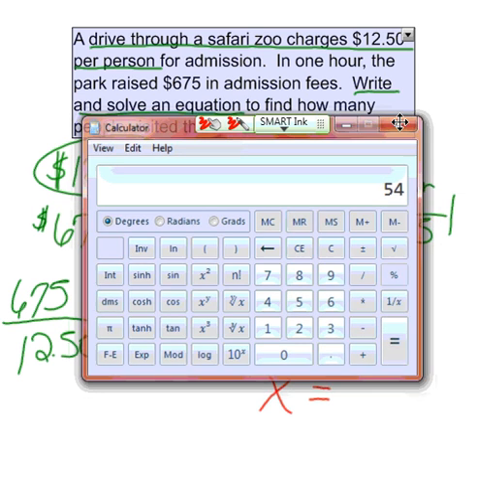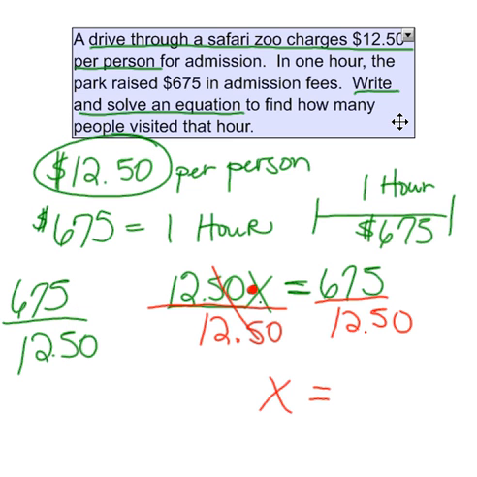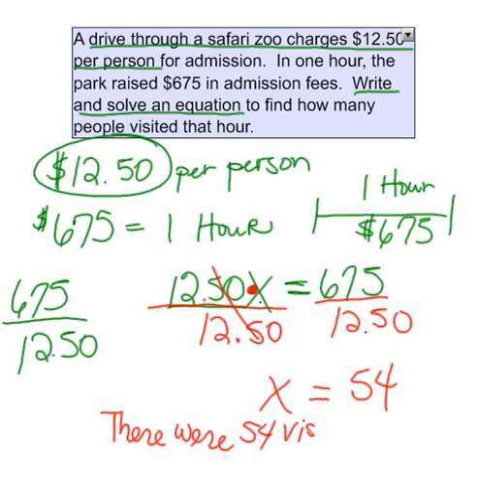And that means 54 people came through. And I like to answer with a sentence. So there were 54 visitors to the zoo.